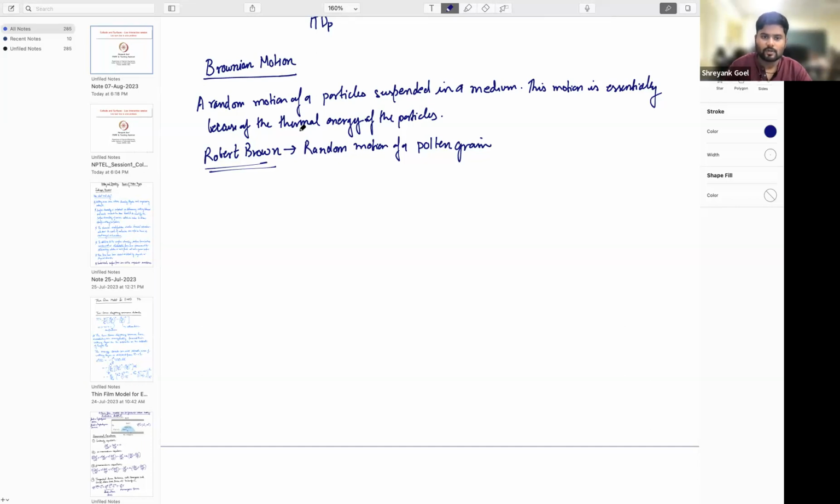Any question on this? This is the random motion. The type of particle doing Brownian motion is actually important.